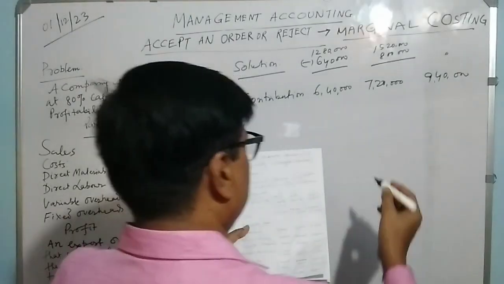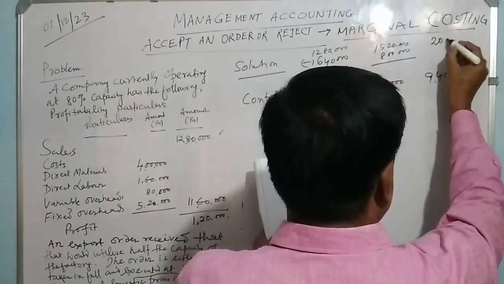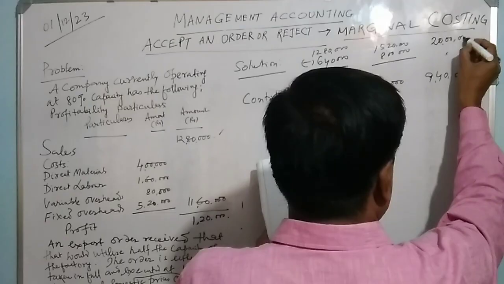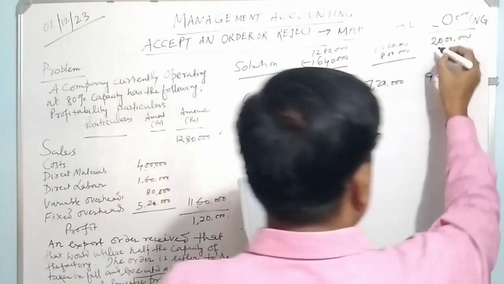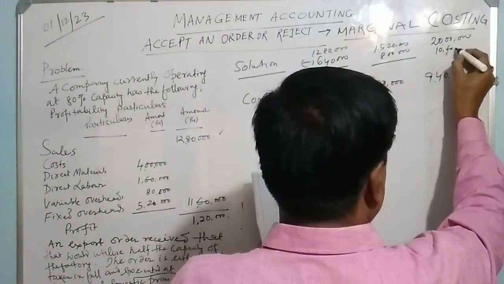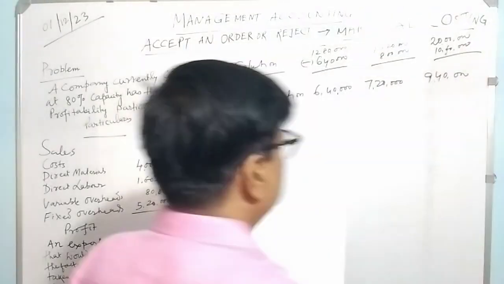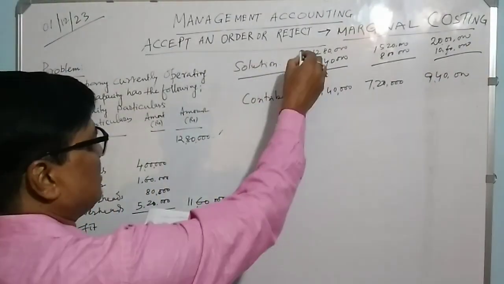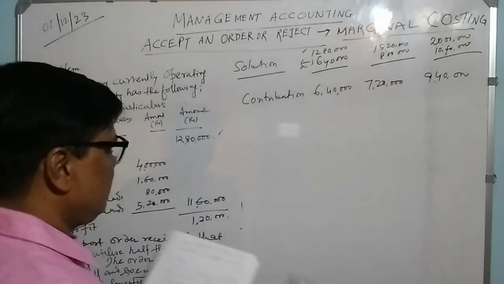And the last one, your sales of 20 lakhs and variable costs of 10,60,000, this is 9,40,000. So this is the contribution, sales minus variable cost, right?